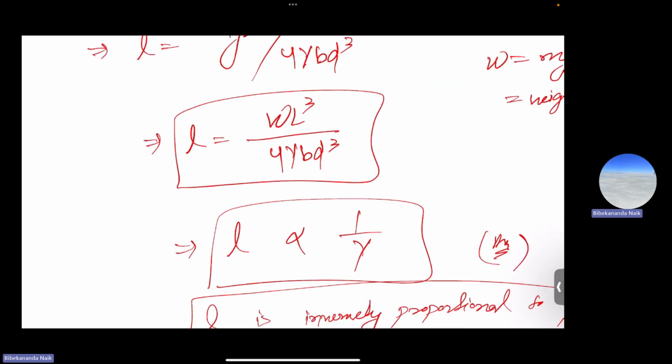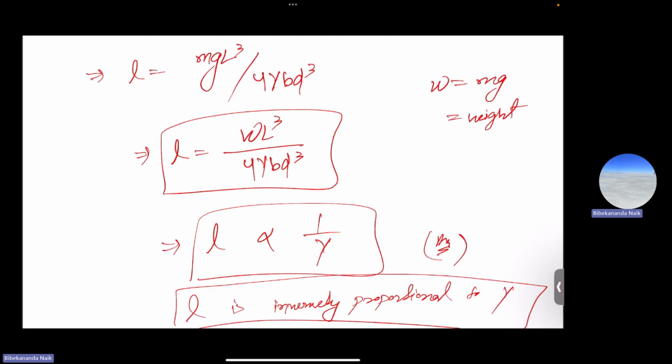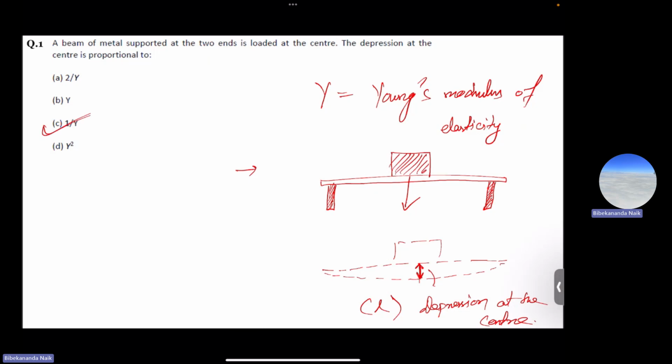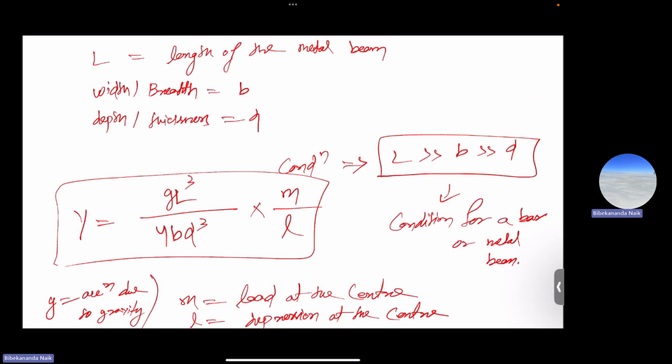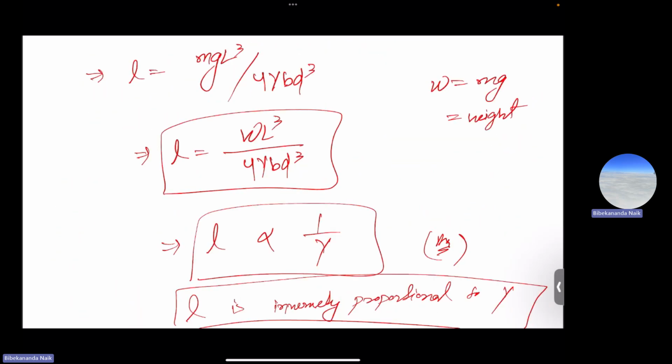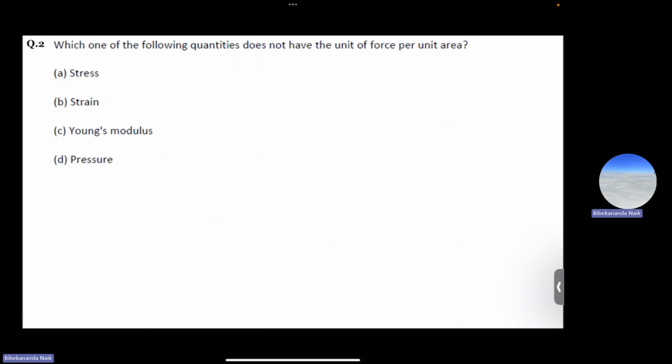So the correct answer will be option C. The depression at the center is proportional to 1 by Y. I hope this is clear to everyone. Now we move to question number 2.